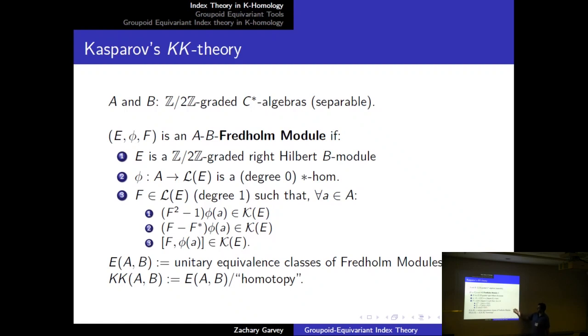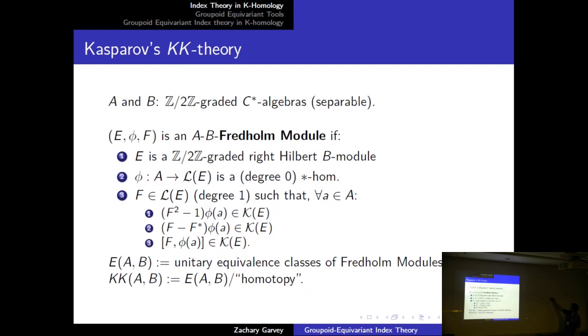In my opinion, the interesting piece of information from this, and why it's called a Fredholm module, is this operator F, which is a degree 1 operator. Degree 1 roughly means F looks something like this, so it's sort of off diagonal.